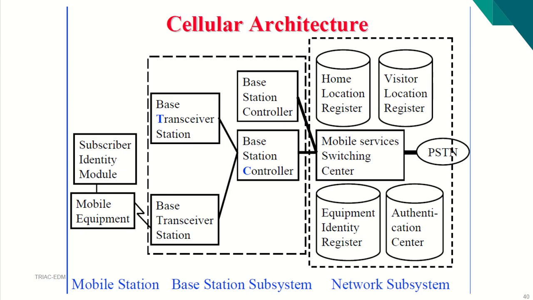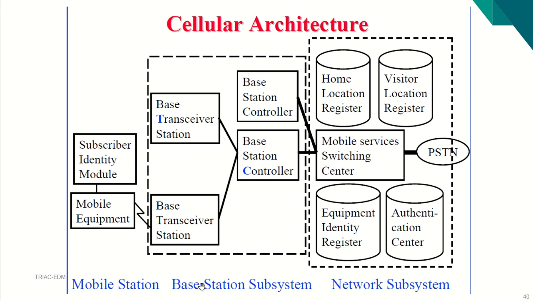Okay, so now this is the cellular architecture. You have a subscriber identity module that is embedded in your mobile equipment. So your mobile station, the cell phone, or sometimes we use UE, user equipment, includes this module.